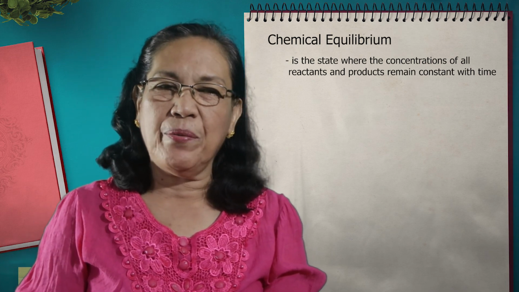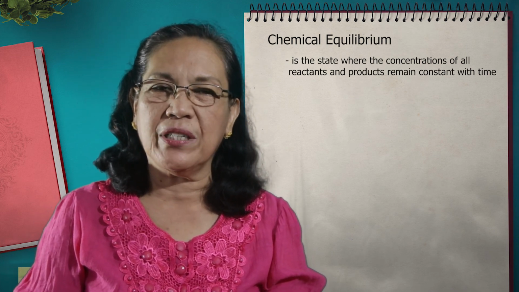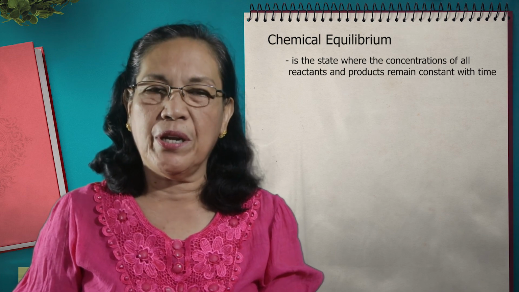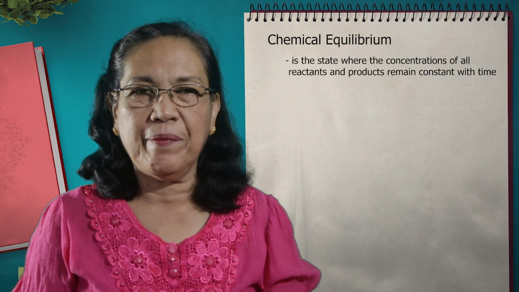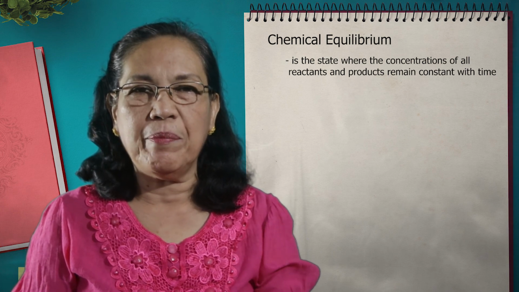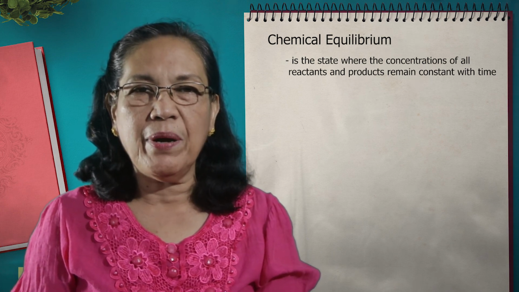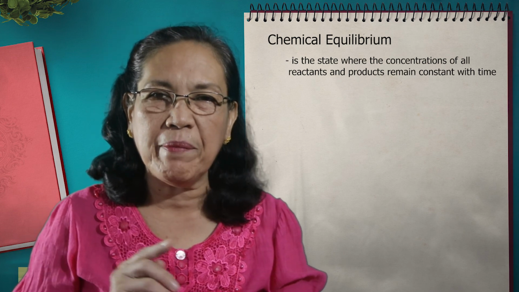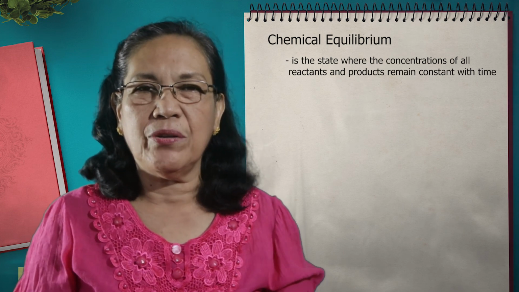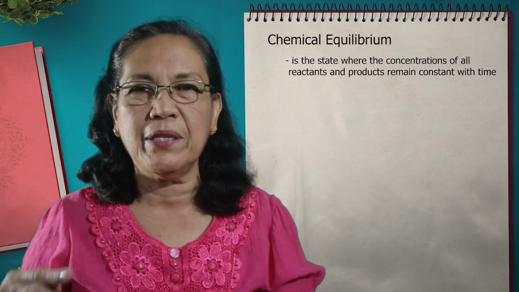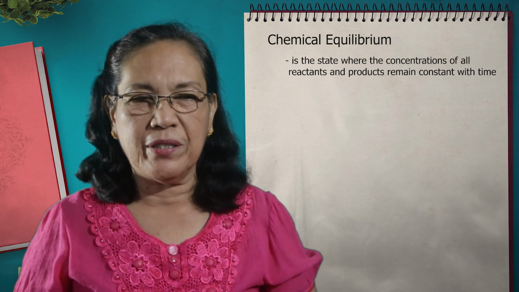It is a state when the rate of the forward reaction is equal to the rate of the backward reaction, meaning the rate in forming the products is equal to the rate in forming back the reactants. So the forward reaction is equal to the backward reaction.